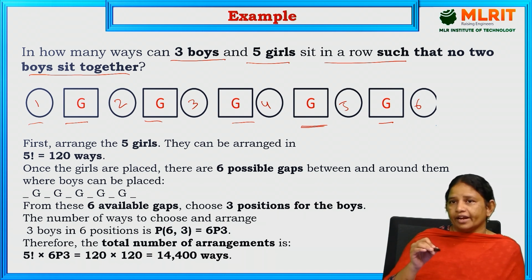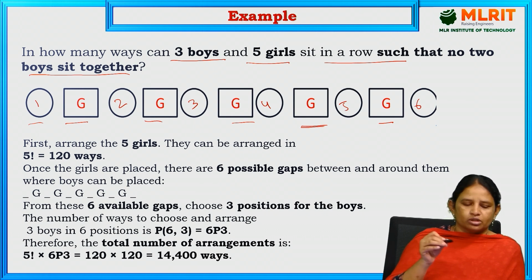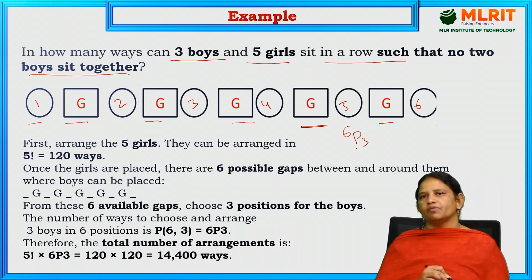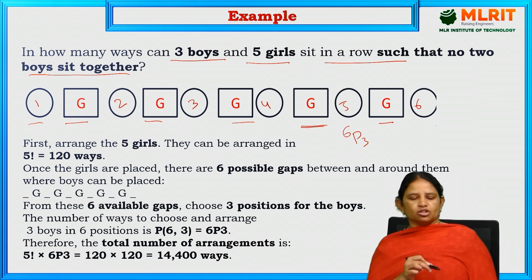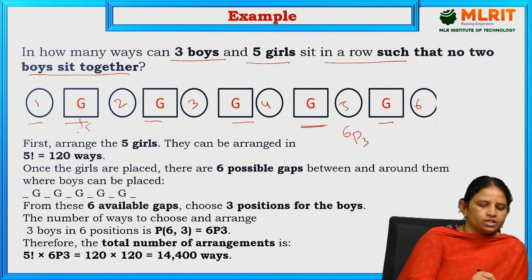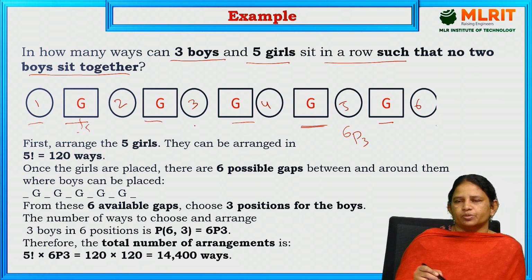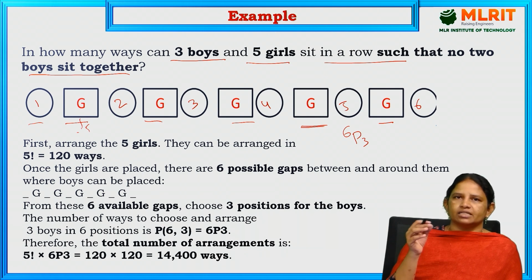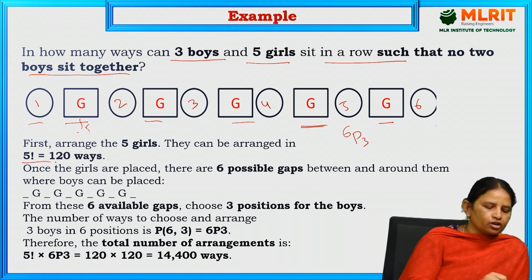If it is arrangement, we can use permutation. So 3 boys can be arranged in 6P3 ways. For the 5 girls, for the first girl there are 5 possibilities, for the second girl 4 possibilities. So how many ways can the girls sit? That is 5 factorial, which means 120.